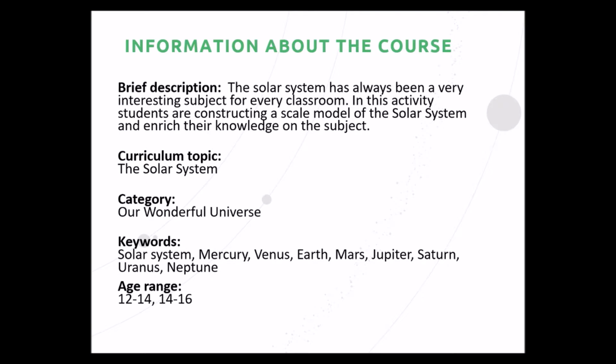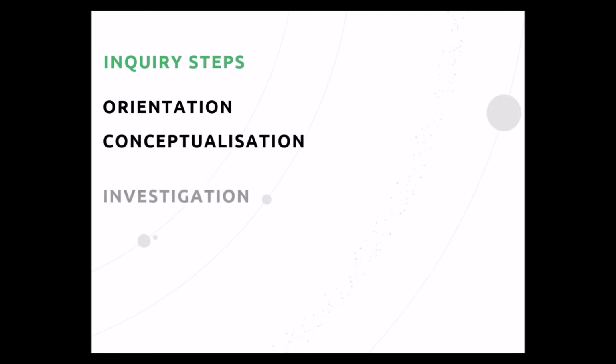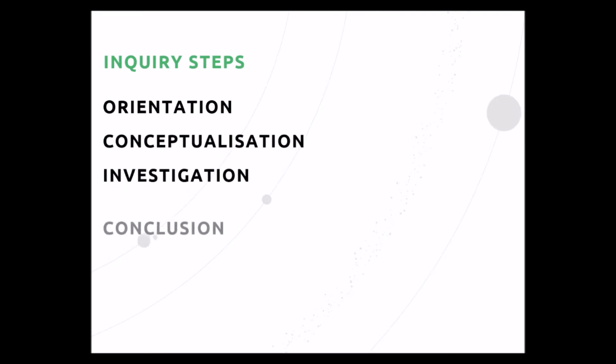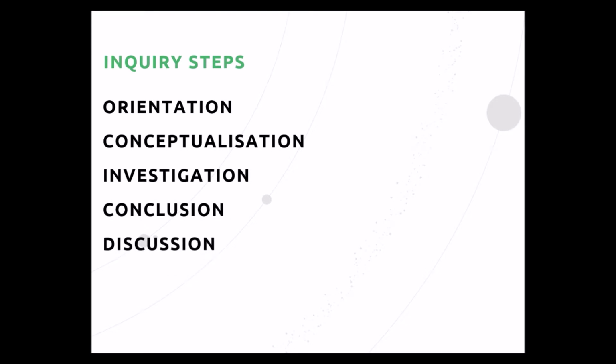You can do this with students between 12 and 16, and depending on how you shape the activity, you can also use it with younger students if you like. The activity follows the basic inquiry steps we talked about in our first MOOC in Module 2. So we're starting with the orientation phase, we move on to conceptualization, then investigation, conclusion, and finally discussion.